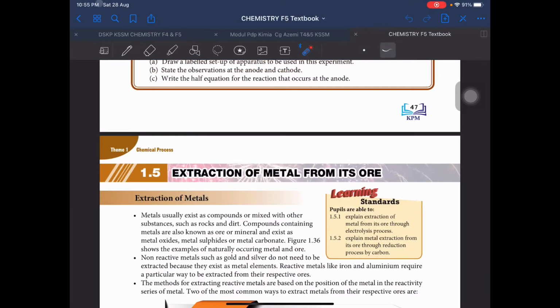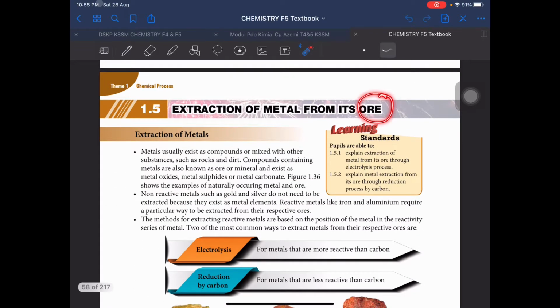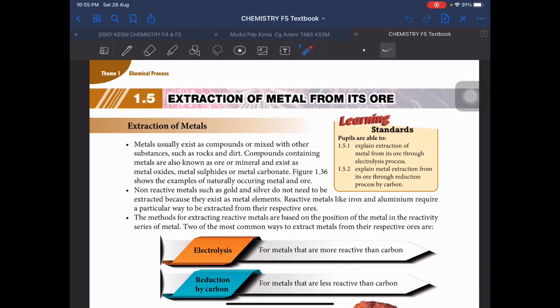Okay, so here we are in your textbook, page 48. Extraction of metal from its ore, daripada bijinya. Pengekstrakan logam daripada bijinya. Okay, so extraction of metals, a little bit of introduction here. Look at the point number 1. Metals usually exist as compounds or mix with other substances.